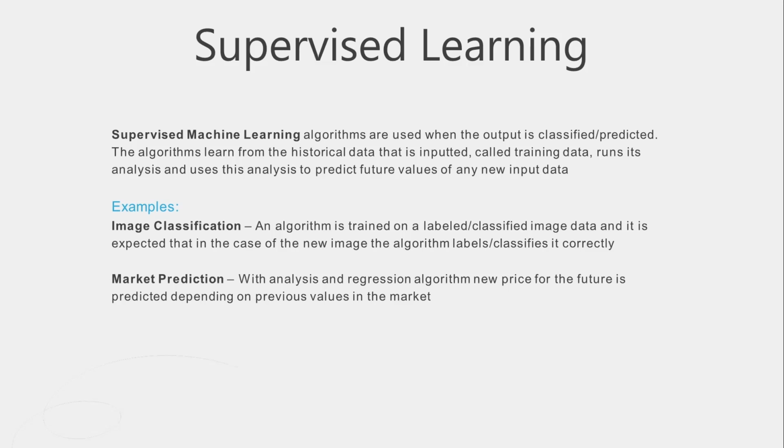So we will train our model feeding images of cats and dogs with labels. We'll have one image that is a cat with the label cat, and another image which is a dog and also labeled as a dog. Based on this information, when we feed in a new image, the algorithm will be able to decide if in the image there is a cat or a dog.